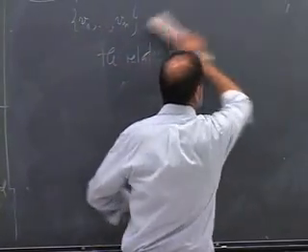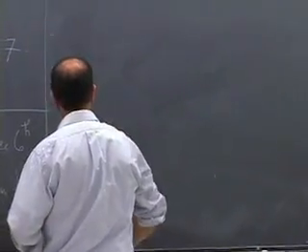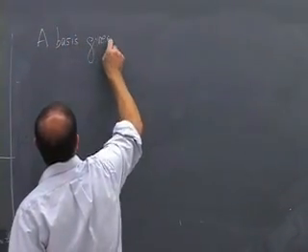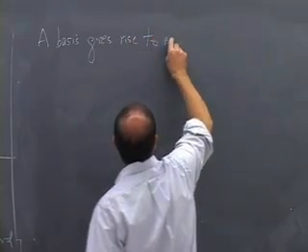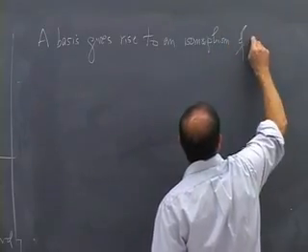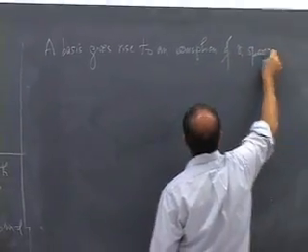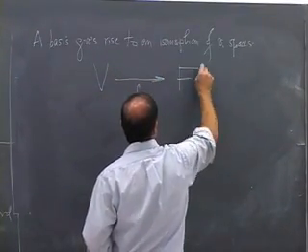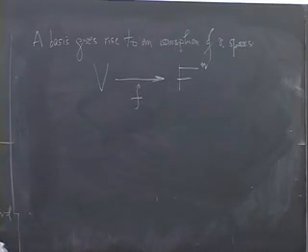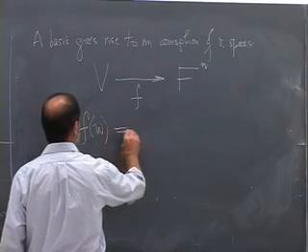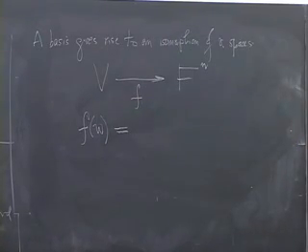In terms of the language we used last time, a basis gives rise to an isomorphism of vector spaces from V to the vector space F to the n, which takes an arbitrary vector w in V to its coordinates in this unique expansion of w with respect to the vectors v1 through vn.